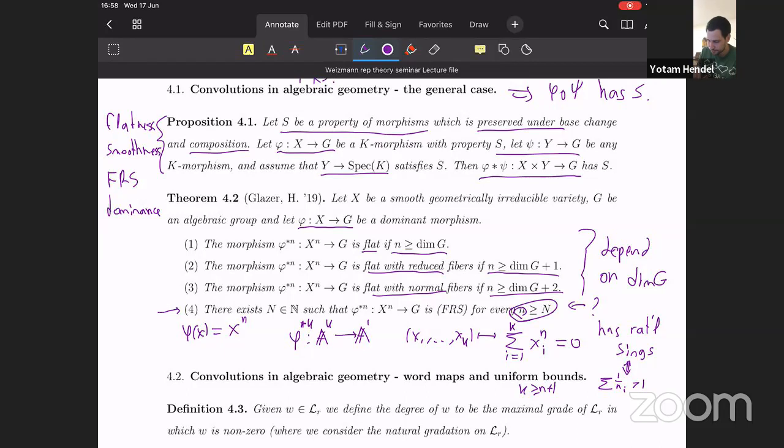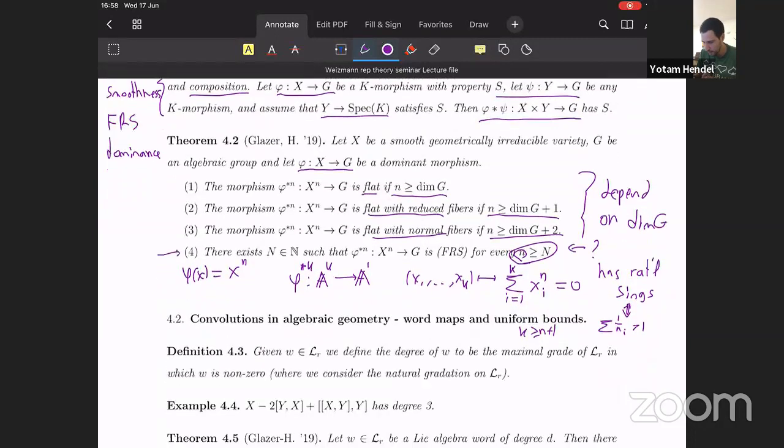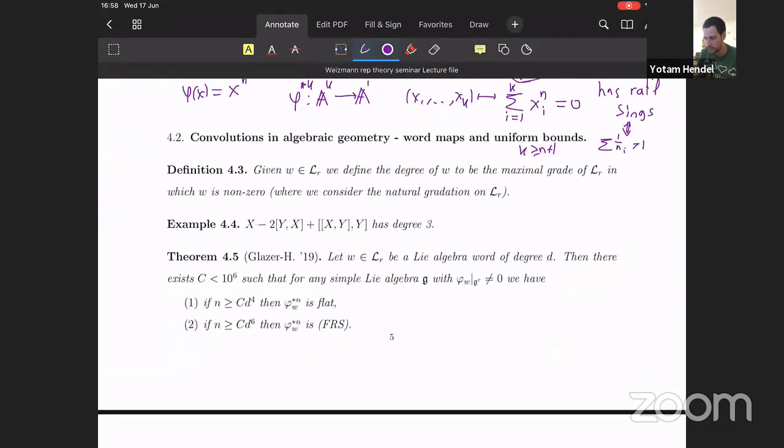So let me return to the setting of word maps, and we will actually focus on Lie algebra word maps. One thing I want to define before I do that is the degree of a Lie algebra word. If I have some Lie algebra word, then I can consider the natural gradation on the free Lie algebra on r elements, just by how many commutators a homogeneous Lie algebra word contains.